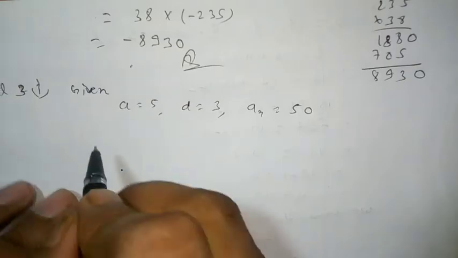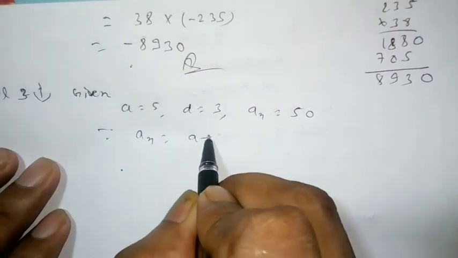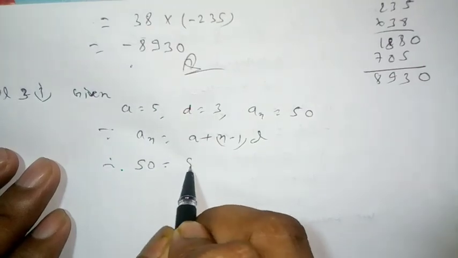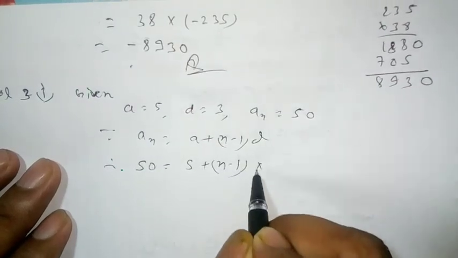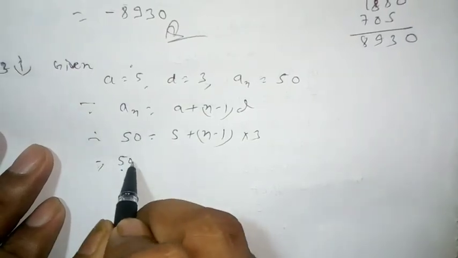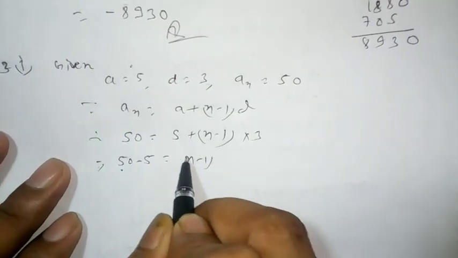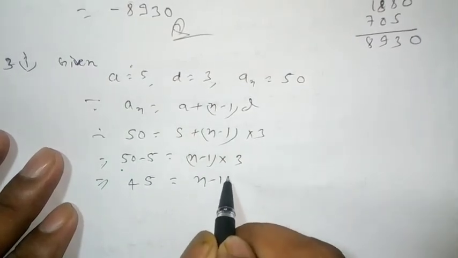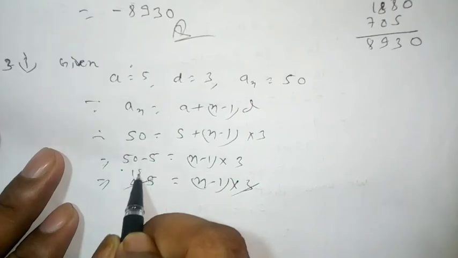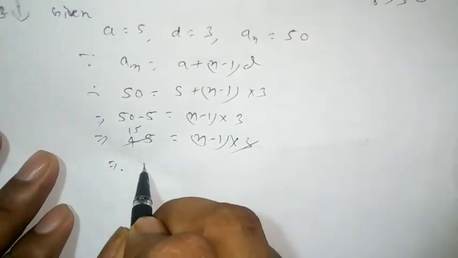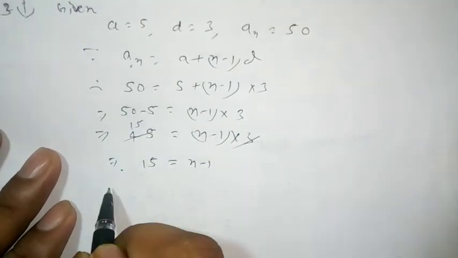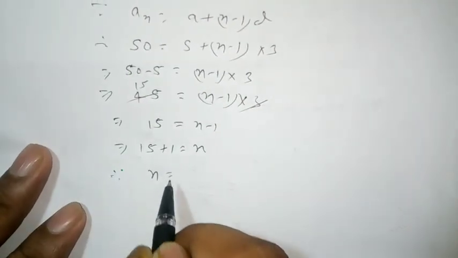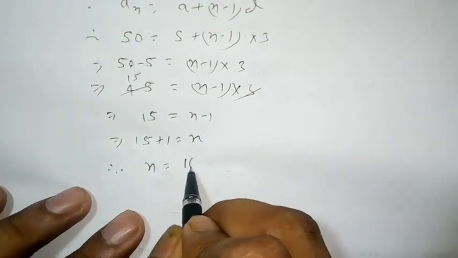Now because an is equal to a plus n minus 1 into d, therefore 50 is equal to 5 plus n minus 1 into 3, implies 50 minus 5 is equal to n minus 1 into 3, implies 45 is equal to n minus 1 into 3, 3 15 are 45, implies 15 is equal to n minus 1, implies 15 plus 1 is equal to n, therefore n is equal to 16.